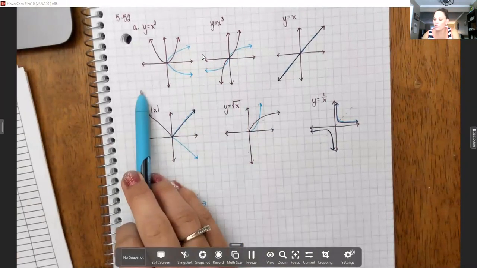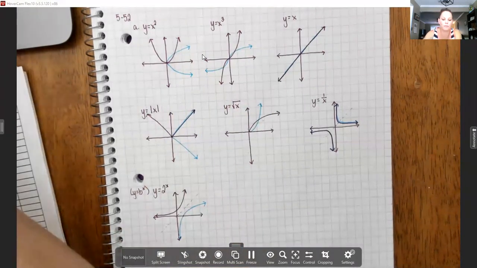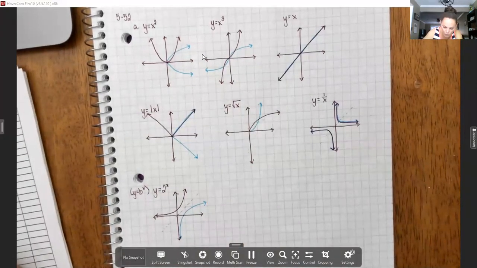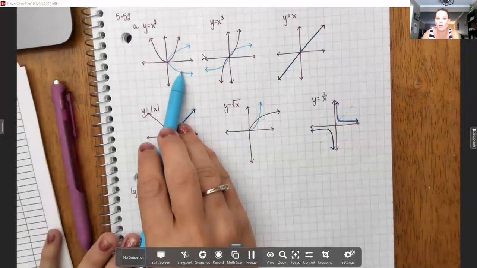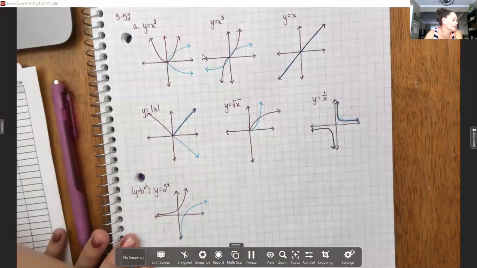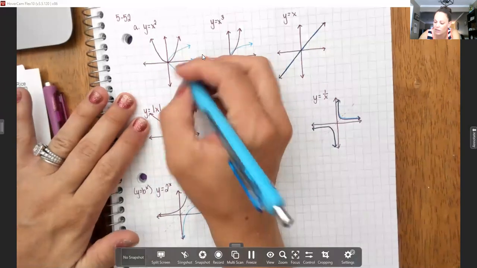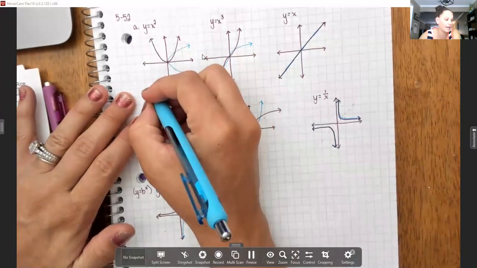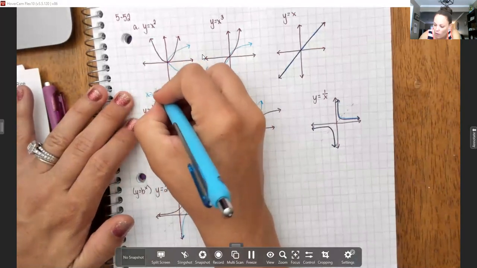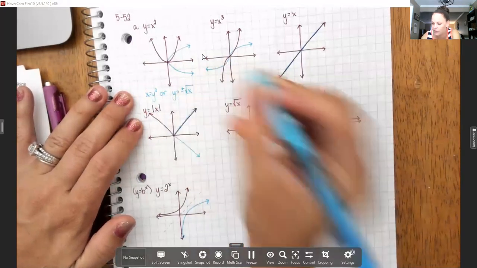So they want us to also write the equation for the inverse on each of these. And it says in the book, the directions, that the inverse does not have to be a function. They just want to know what the equation is. So we could write this one as x equals y squared, or it's the same as y equals plus or minus the square root of x.